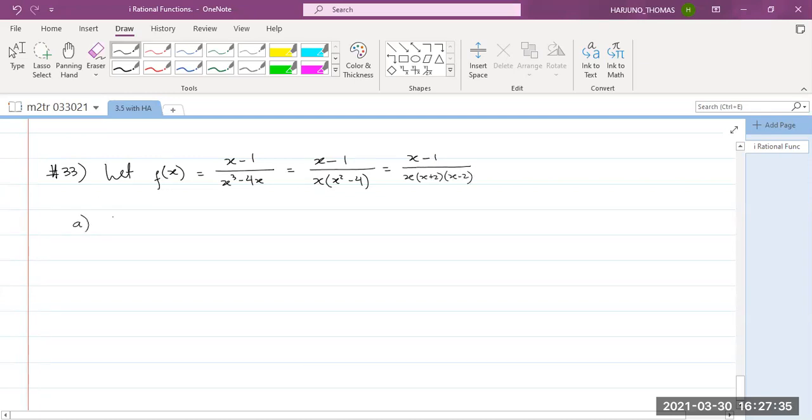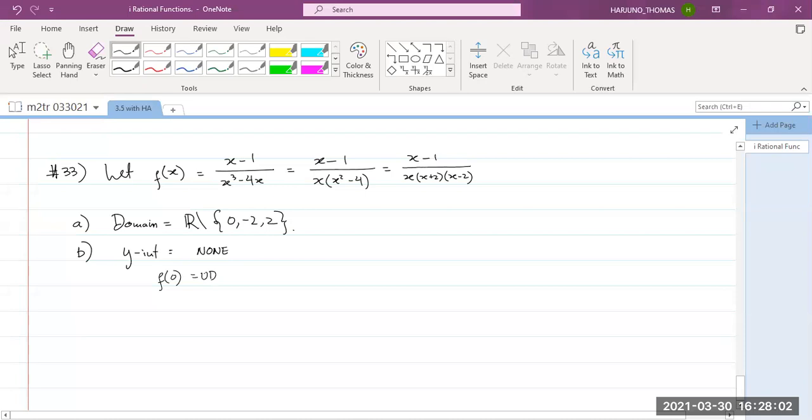So part A, the domain will be all real numbers except 0, -2, and 2. Oh, 0 is not in the domain. Okay, so there will be no y-intercept, right? Because f(0) is undefined.